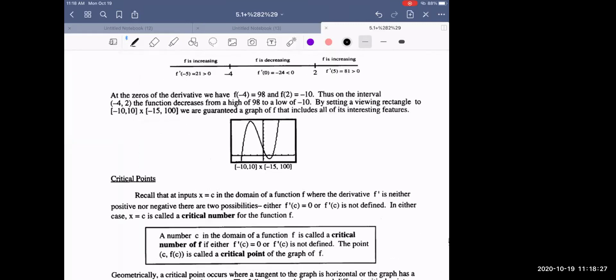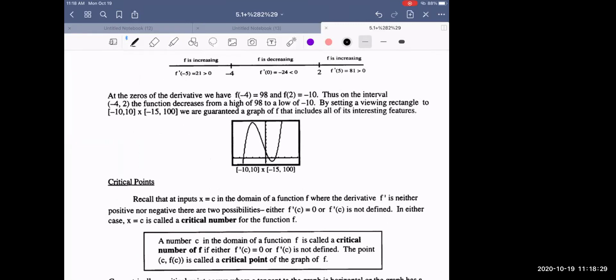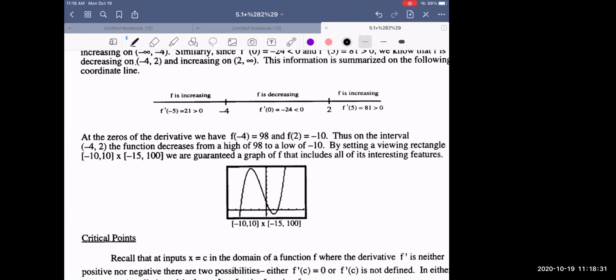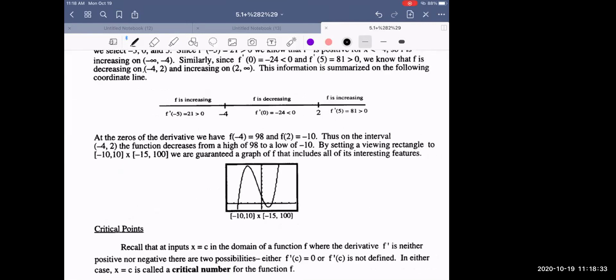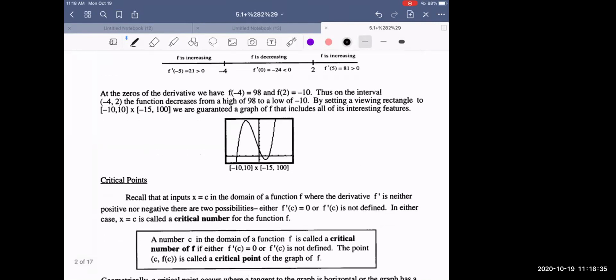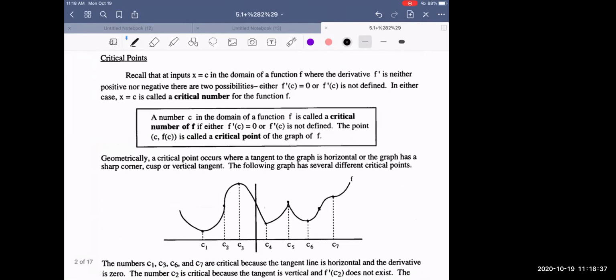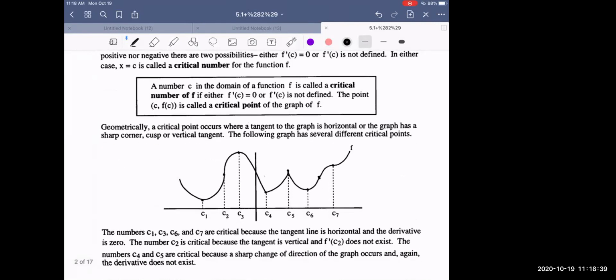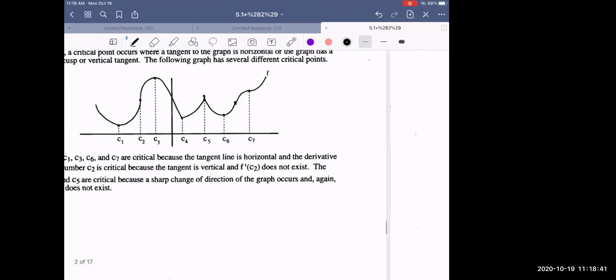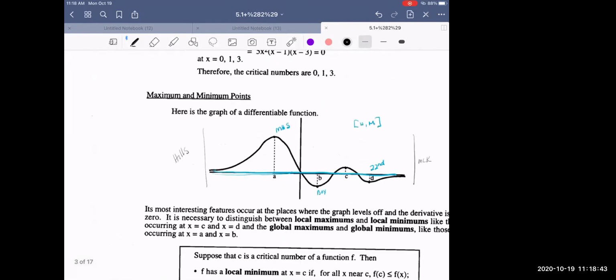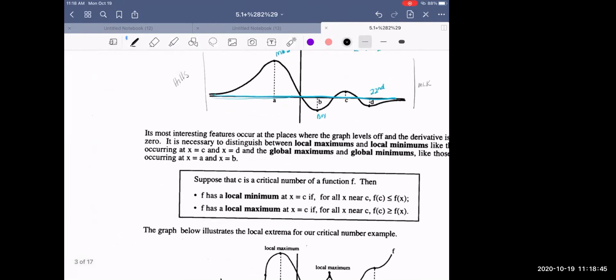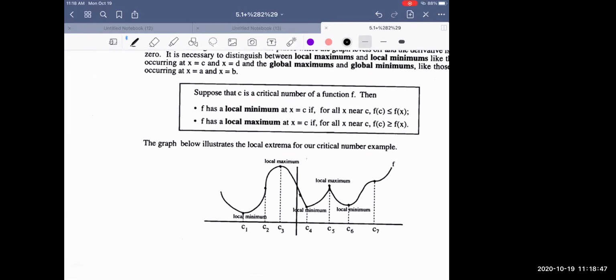So in 5.1, we learned how to make these little wiggle graphs, right? To determine whether the graph of f is increasing or decreasing. We also learned how to algebraically find the exact critical points of the function. That way we could find maxes and mins, right? Local maxes and mins over or within a neighborhood.